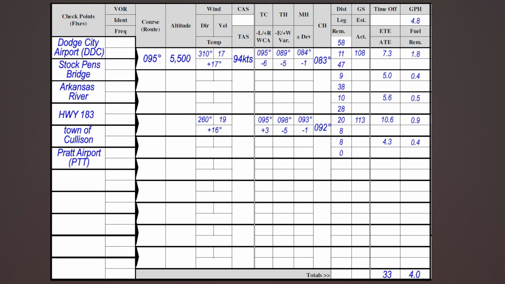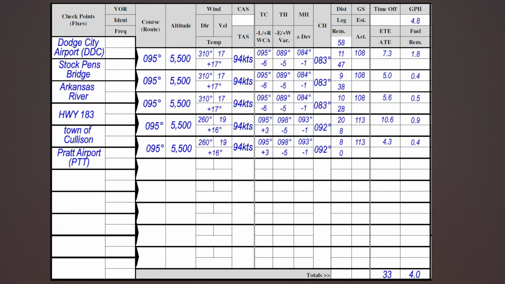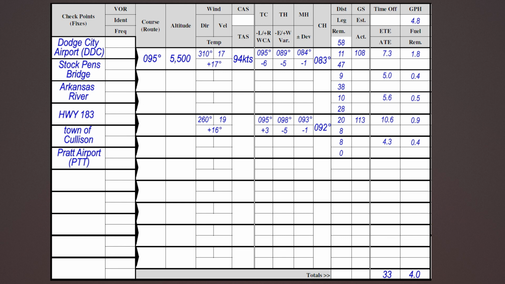Now the rest of the empty columns that we left, for example, all the courses, altitudes, wind, all that stays the same for all those other legs. If you were to make a turn or if the wind changed, then that's where we start the new data. So in other words, we're assuming everything below our first line of data is the same. Now for the ground speed, we put in our estimated ground, that's the top line.